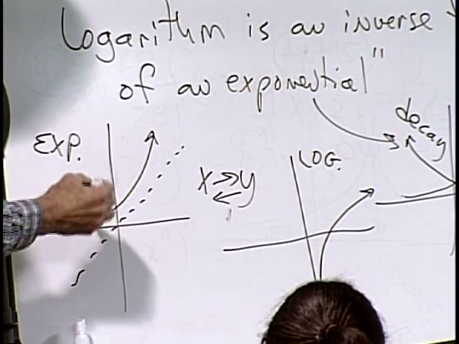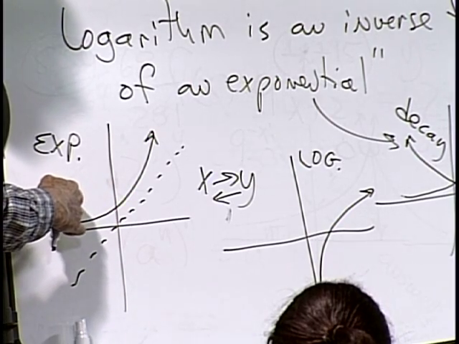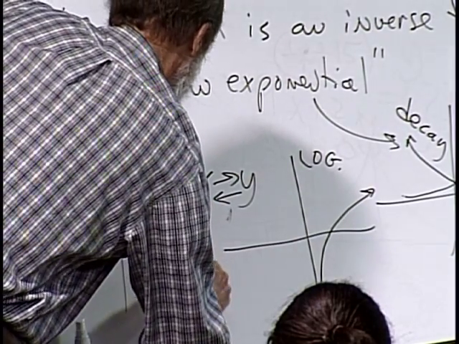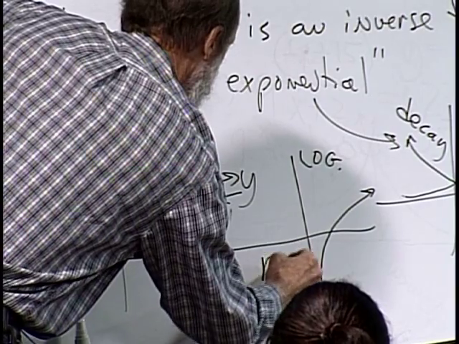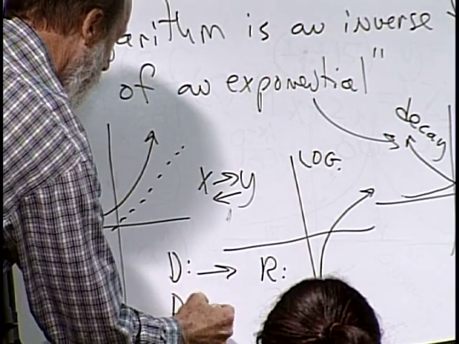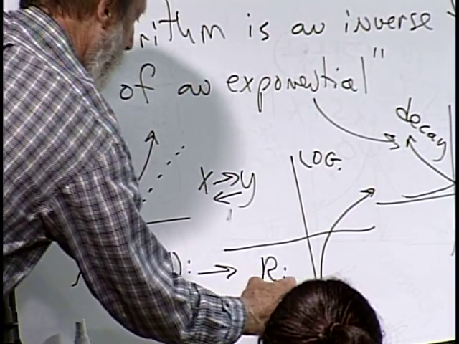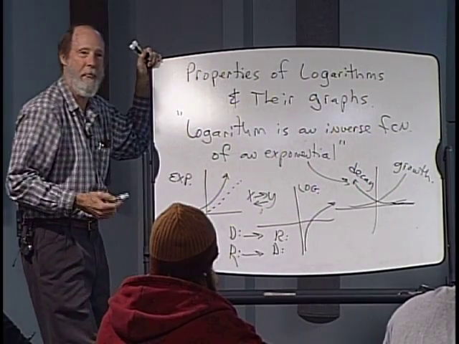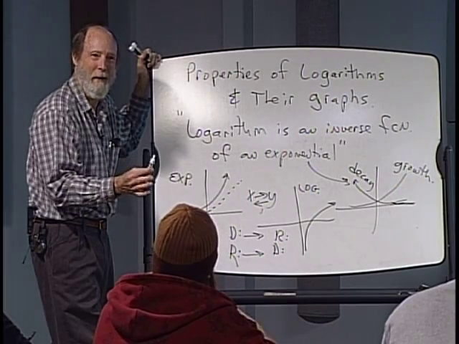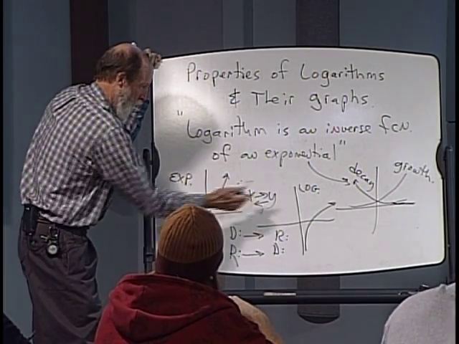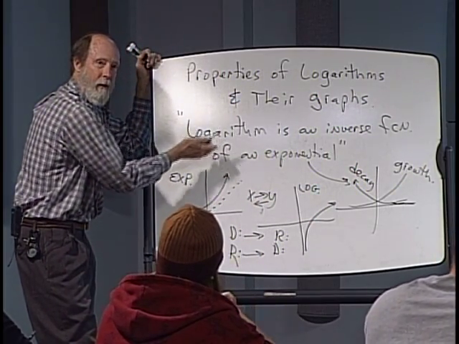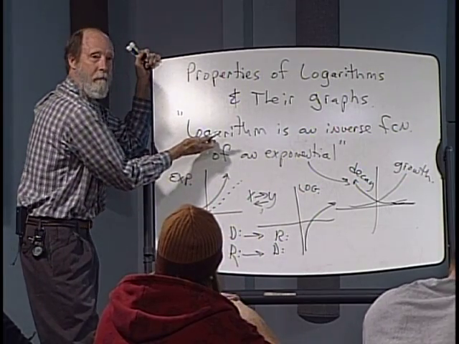Another thing is the domain on the exponential becomes the range on the logarithm. So the domain here becomes the range over here, and the range on the exponential becomes the domain of the logarithm. It's that simple. You just need to remember it. And this pair of pictures right here gives you this thinking. It sort of graphically explains this thinking.